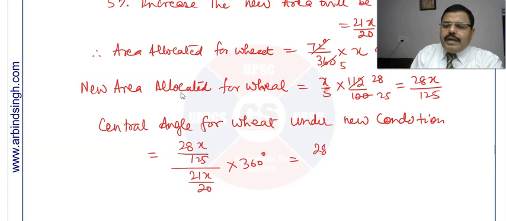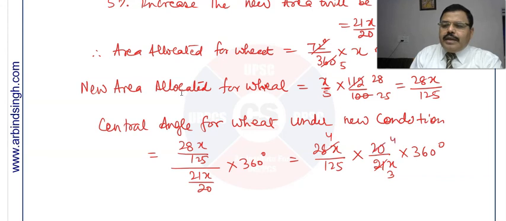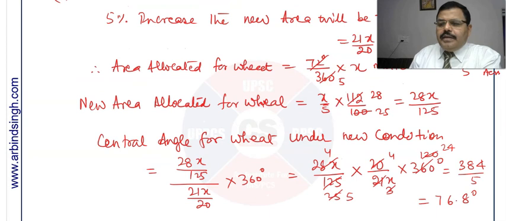So that is 28x upon 125 into 20 upon 21x multiplied by 360 degree. So 7 3s are 21 and 7 4s are 28, so 4 by 3. 5 can cancel: 5 4s are 20 and 5 25s are 125. So that will be 16, and now this can cancel by 5 times, and 72 times. So that will be 384 by 5, which is 76.8 degree. Right, so that will be the answer of this question.